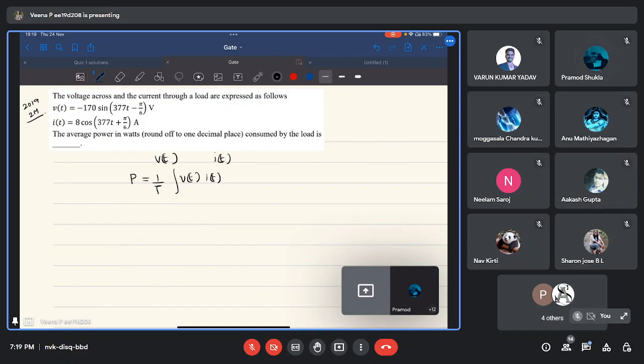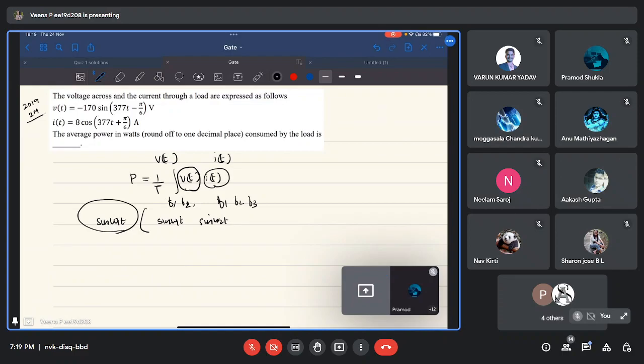Now, if you have voltage frequency components F1, F2 and so on, and current also F1, F2, F3 and so on, you multiply both. Say V is sine omega 1t, and I has sine omega 1t, sine omega 2t, and so on. Consider the simple case where your voltage has only the fundamental, but your current has the fundamental plus harmonics.